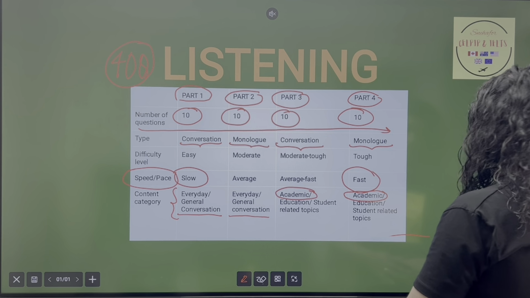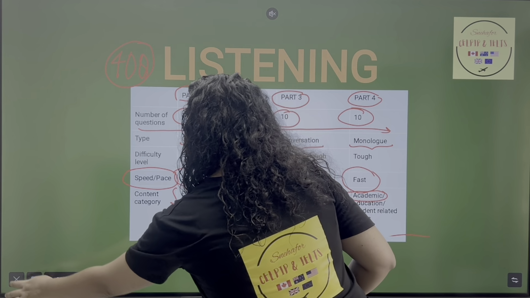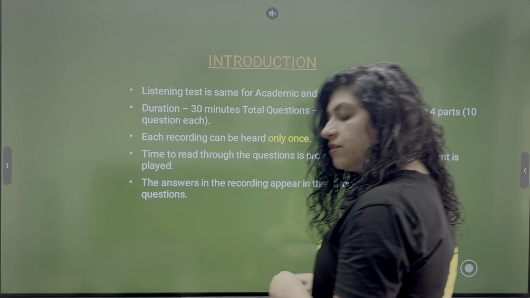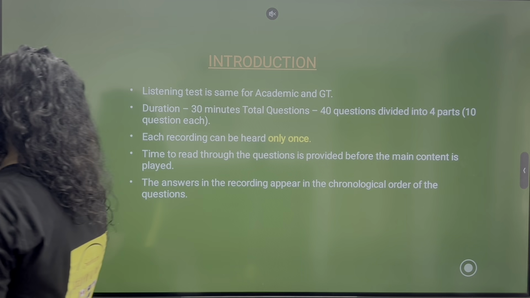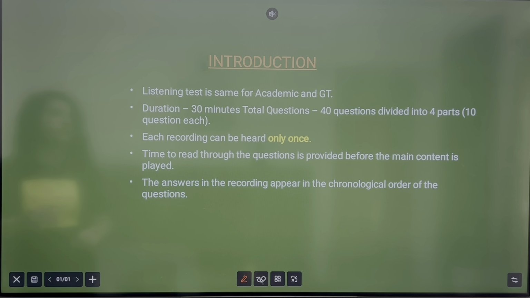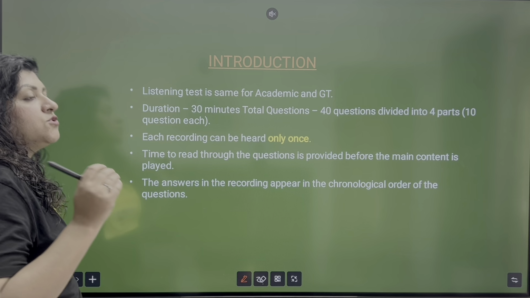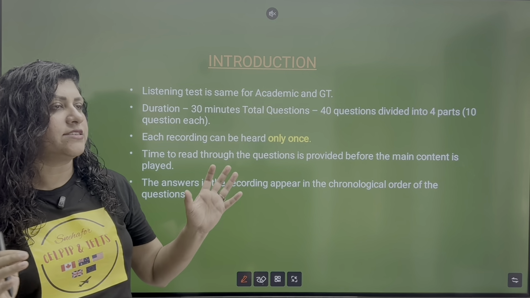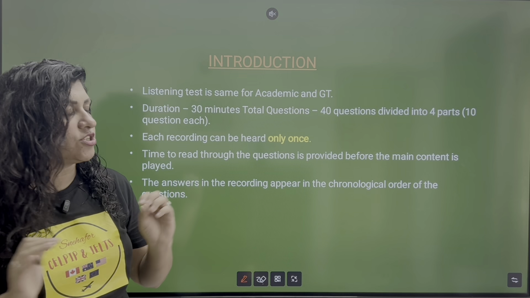Now, talking about further points about this listening section. Whether it is academic IELTS or GT IELTS, your listening section remains the same.